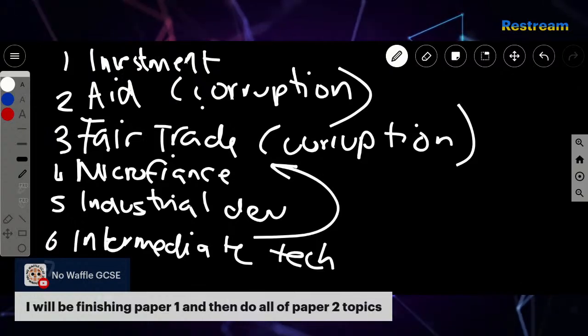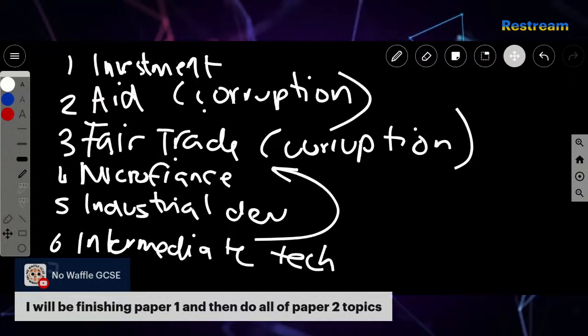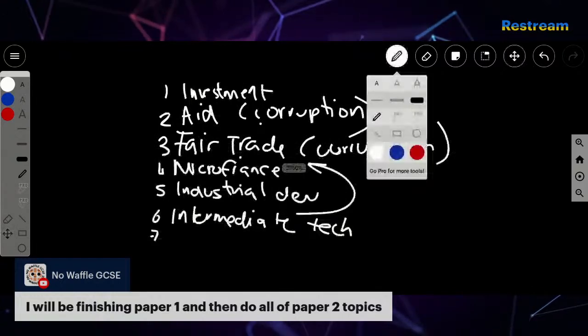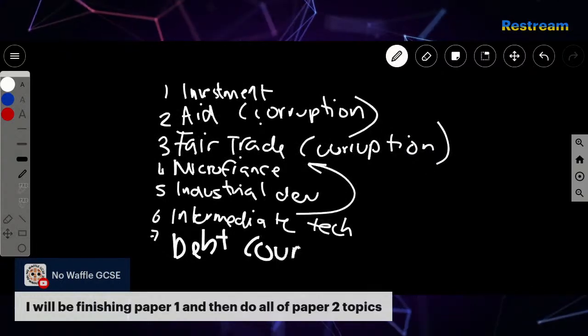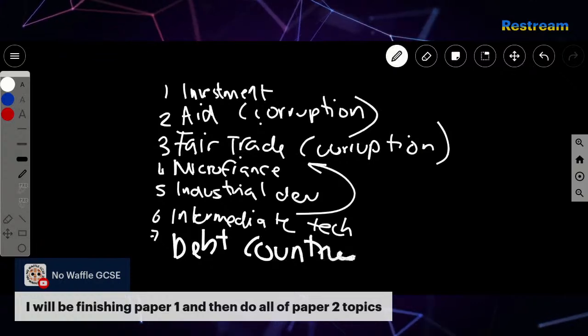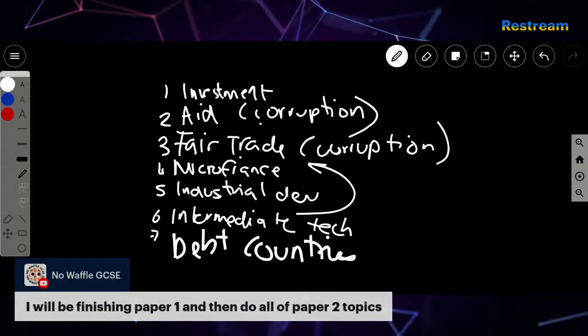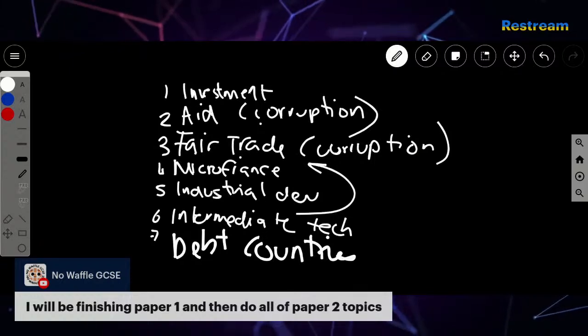Now, the final solution and strategy for the global development gap is debt relief. This is where larger countries who have given debts to poorer countries cancel their debt, on the basis that they do something in return, for example.